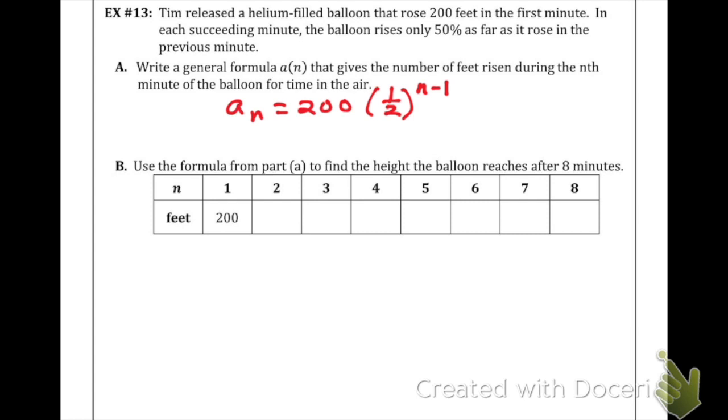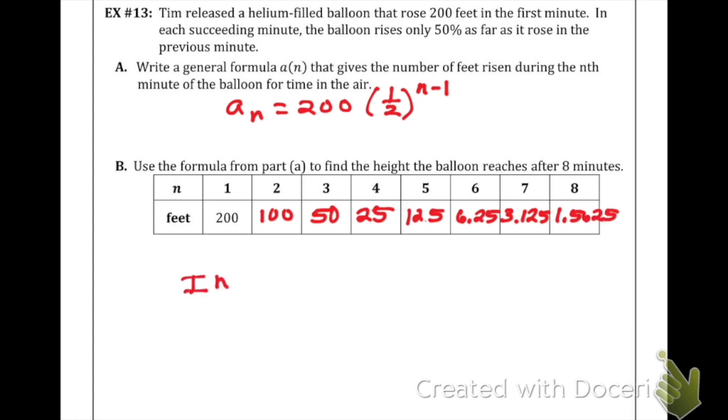So 200 would go to 100, and 100 would go to 50, then that would go to 25, then it would go to 12.5, then 6.25, then 3.125, and then 1.5625.